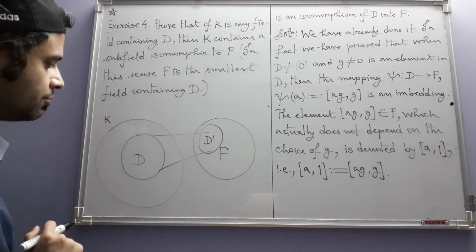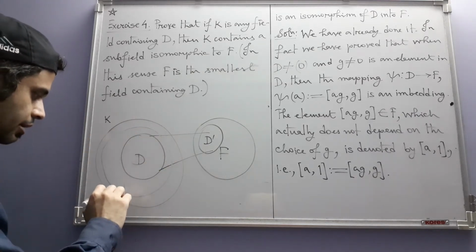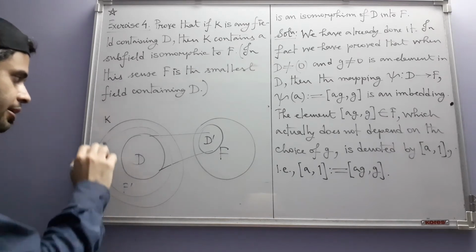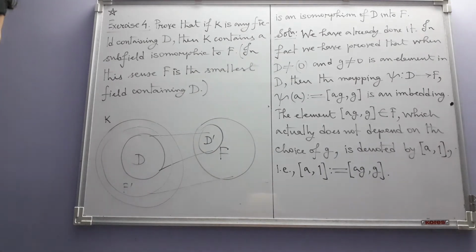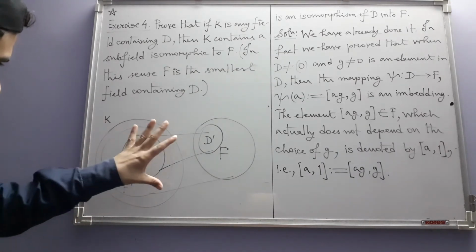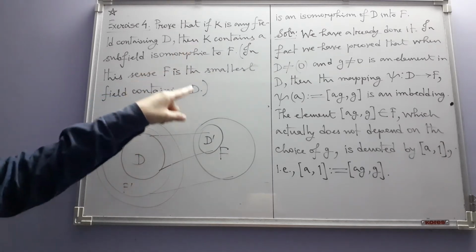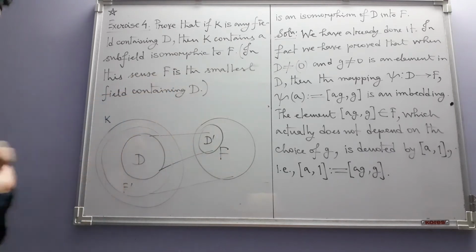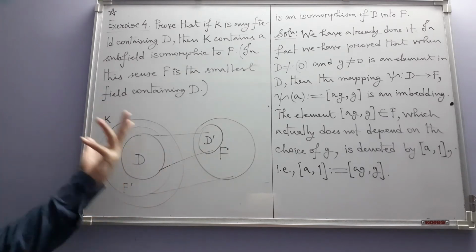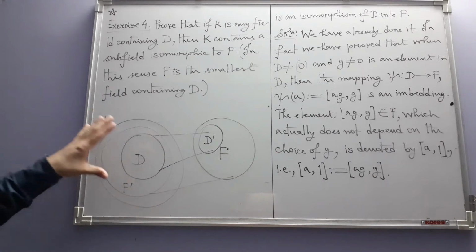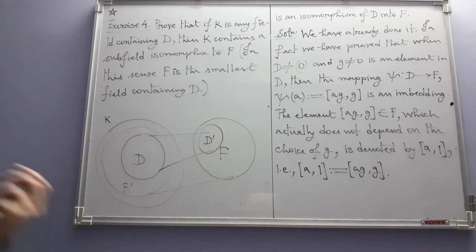We have to now prove that there exists some field, say F prime, which is actually a subfield of K and which is isomorphic to this F. That means K contains an isomorphic copy of F. So in that sense, F is the smallest field containing D because its copy can be found in every field that contains D. So it is sitting inside every field. So in that sense, it is the smallest field containing D. That's what we have to prove.